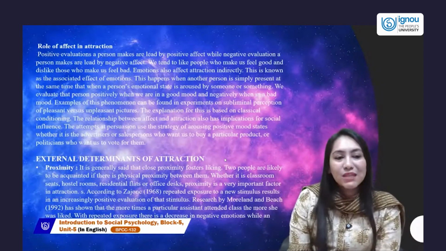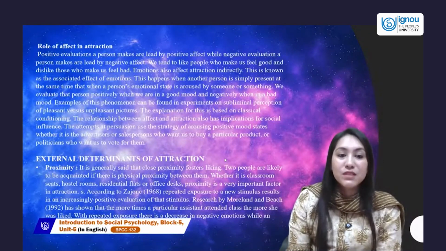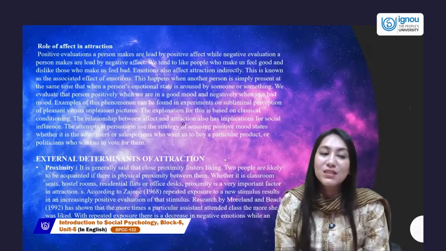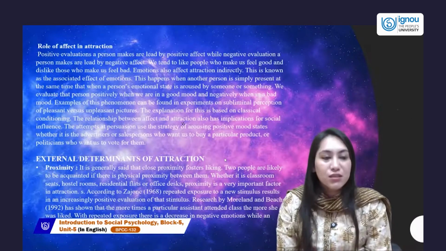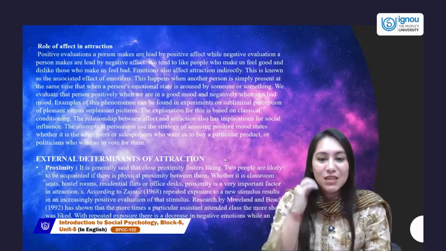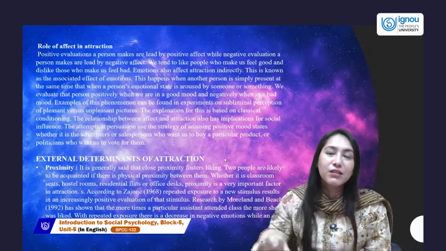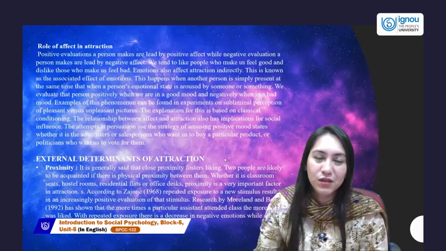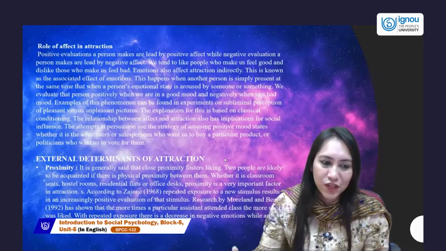Also, two people are likely to be acquainted if there is physical proximity between them, whether it is classroom seats, hostel rooms, residential areas, office desks, or proximity of classes. Proximity is very, very important, and it fosters liking and attraction very quickly.